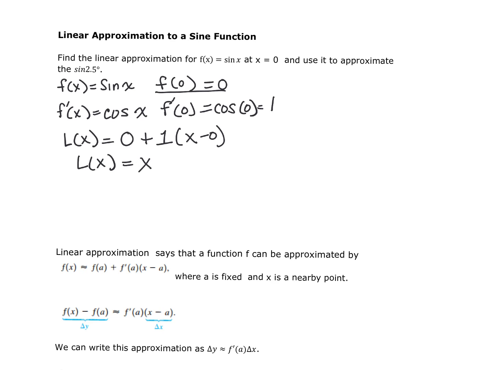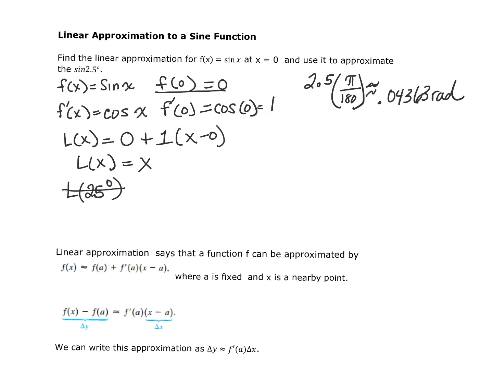Now we can't do the linear approximation of 2.5 degrees. That doesn't make real sense because we wouldn't plug a 2.5 in there. So let's take our 2.5 degrees and change it to radians, times pi over 180. And we get approximately 0.04363 radians.